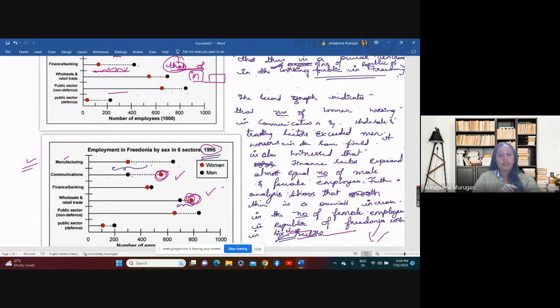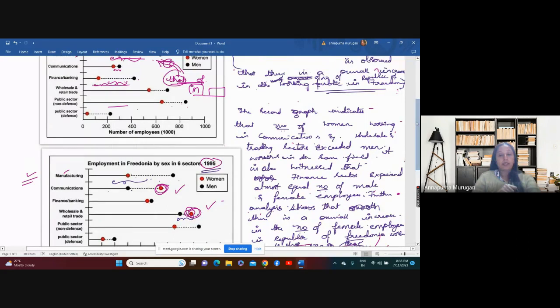Further analysis shows that there is an overall increase in the number of female employees in Republic of Fredonia working in six sectors in 1995. You can specify that also. And you can even write the differences, where it is highest and where it is lowest, here.